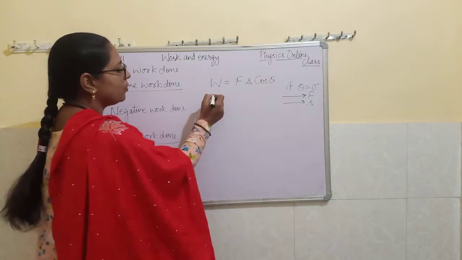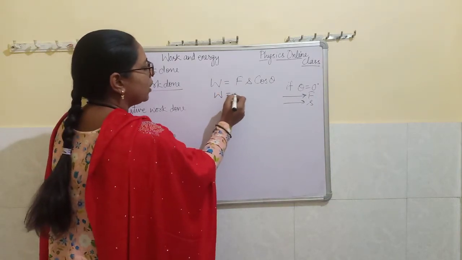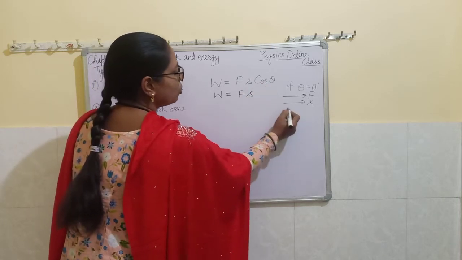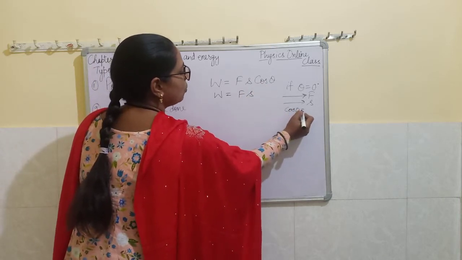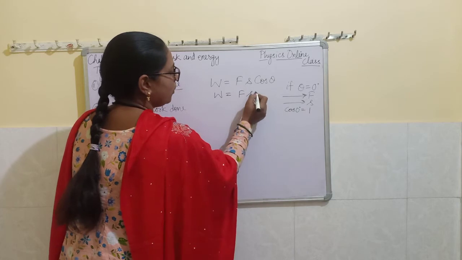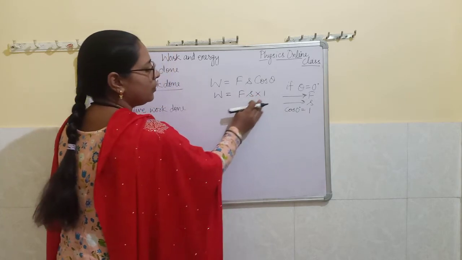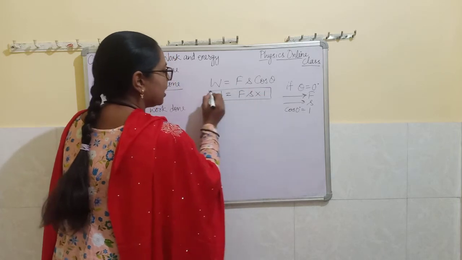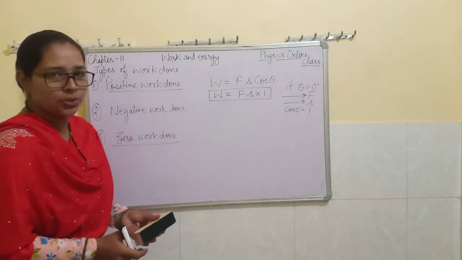In this case we will get the result that work done is positive because the value of cos 0 is 1. When we multiply by 1, we get the same value. There is no negative sign, so we can say the work done is positive.